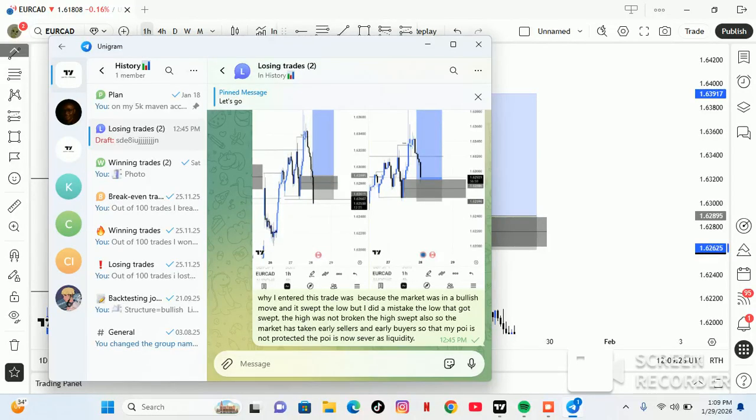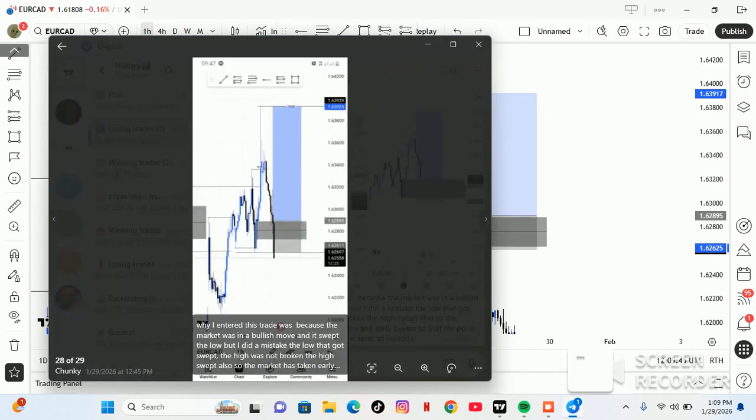Why I entered this trade was because the market was in a bullish move and it swept the low, but I made a mistake. The low that got swept, the high was not broken. The high swept also. Can you see how I explained? The high got swept.